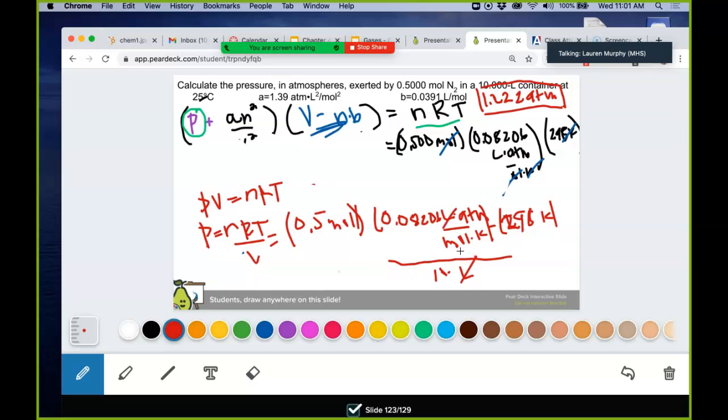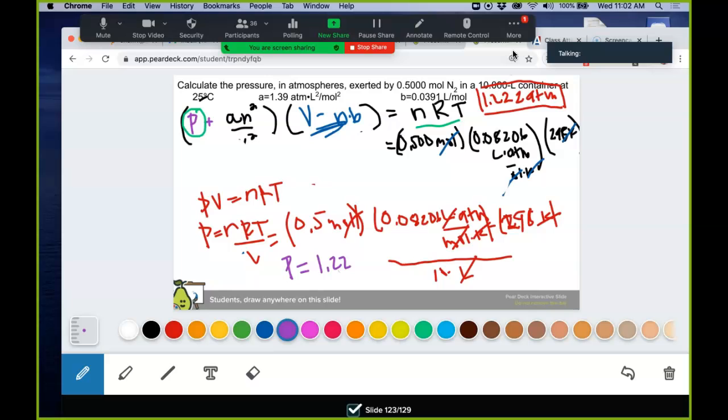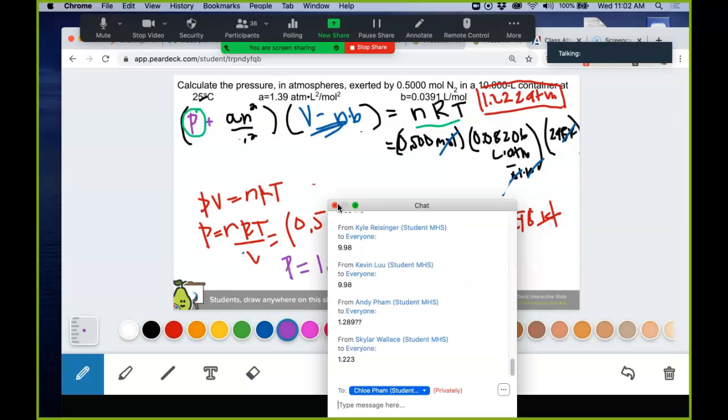So liters cancel, moles cancel, Kelvin cancel, and you're left with atmosphere. So 0.5 times 0.08206 times 298 divided by 10. What'd you guys get? 1.223.